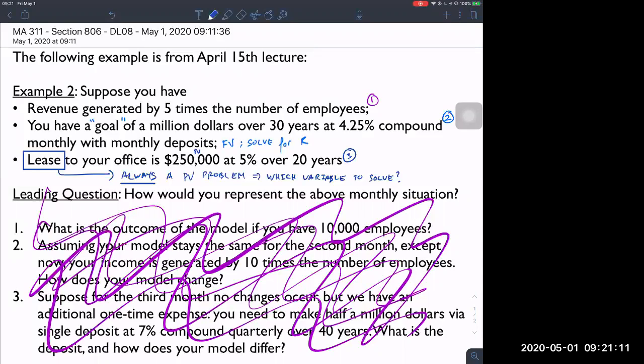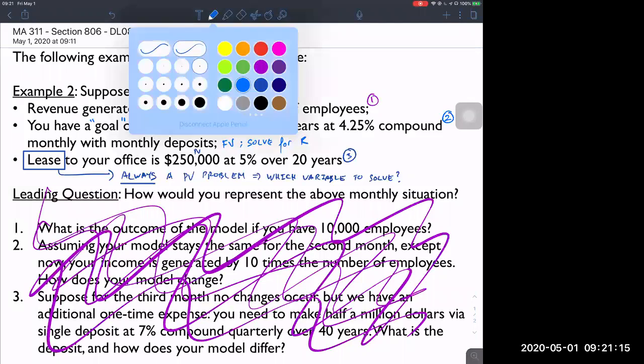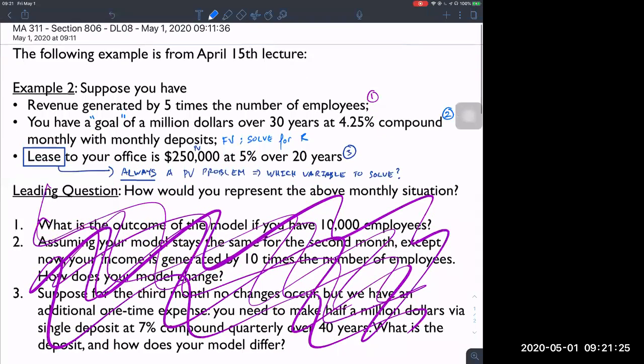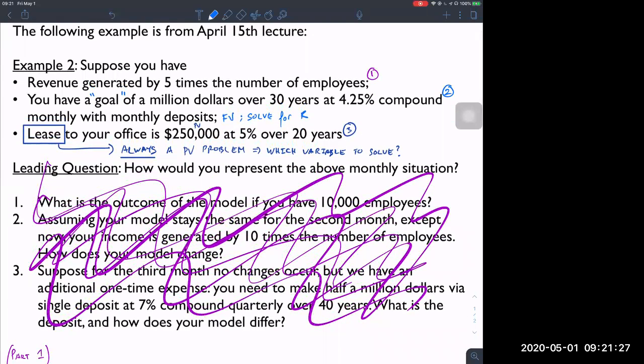So at this point, you should have part two, and part three, and you should be able to see these details and then put them in their respective equations and get the answers.